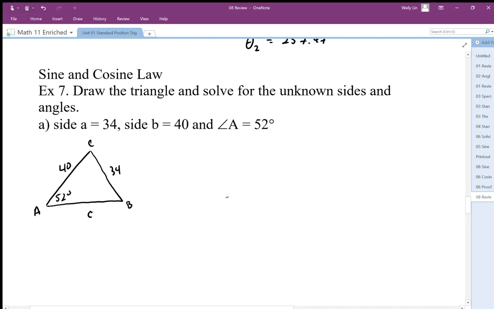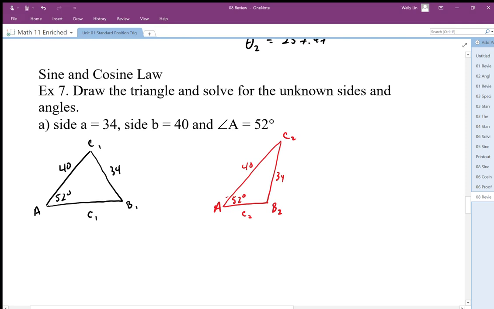Okay, so the other triangle that's possible with this is we have 40 degrees. It could be 34 in this direction and still generate our 52 degrees here. That's still A. That'll be B2, C2. Okay, that implies that this is B1, C1, side C1.